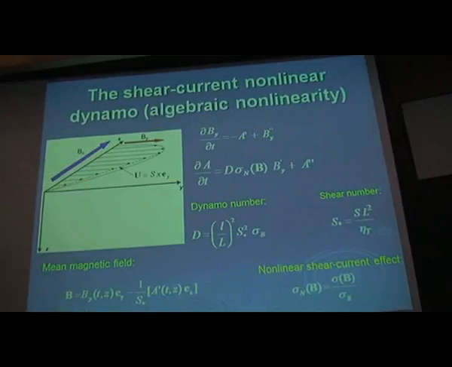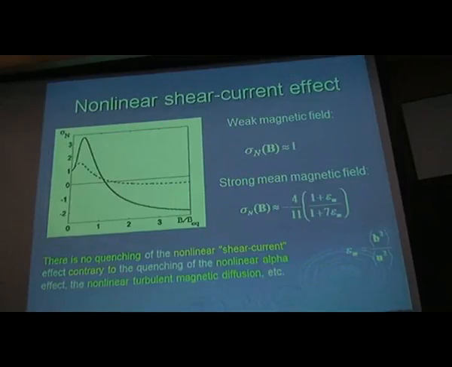Okay, now, since this kind of dynamo exists, it's interesting to study nonlinear evolution caused by this dynamo, by the shear current effect. So we study the nonlinear shear current effect, and its behavior is different from, for example, the behavior of the alpha effect.